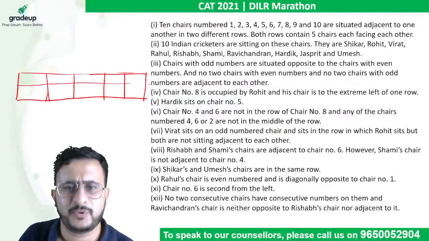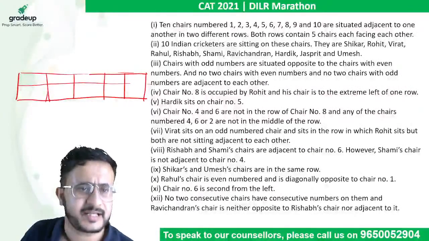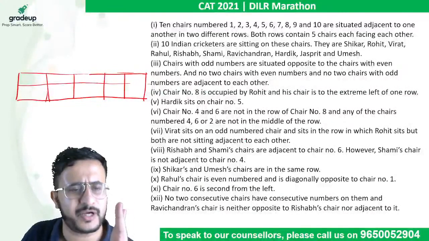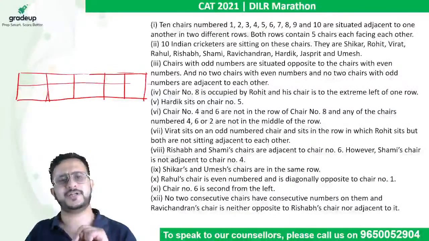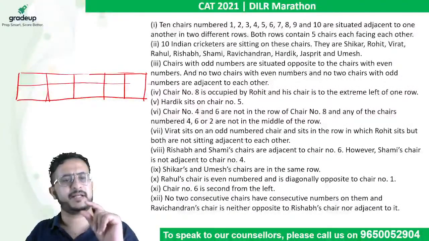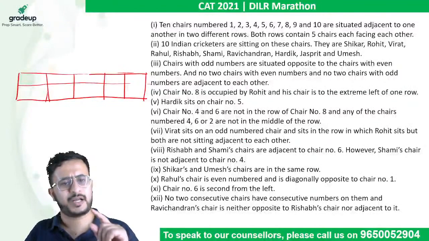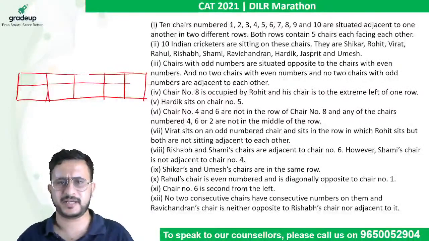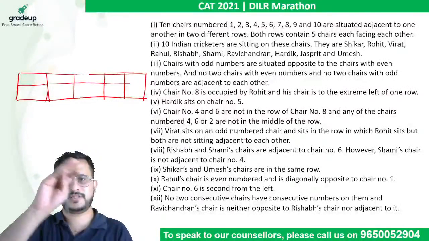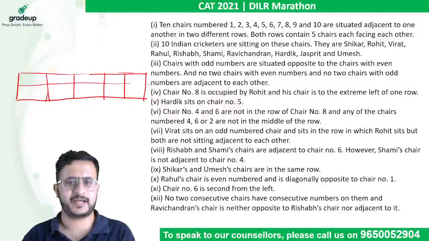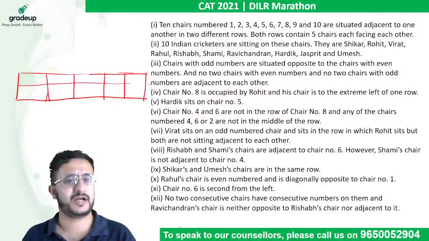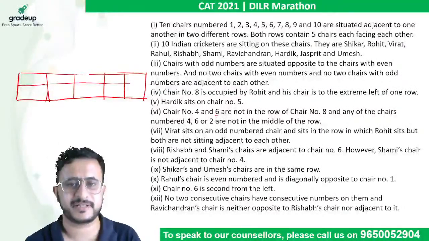So one more thing that you need to learn, not through these classes, is that when such LR sets come, right, if you see a lot of data, we have to arrange two things: one is cricketers, one is chairs. Whenever there are numbers involved, try to start with the number thing, because it is easy to spot numbers. If I ask you where Umesh is written in this, it will be difficult to search for Umesh, right? But if I say where 6 is written, you can directly see the number 6.